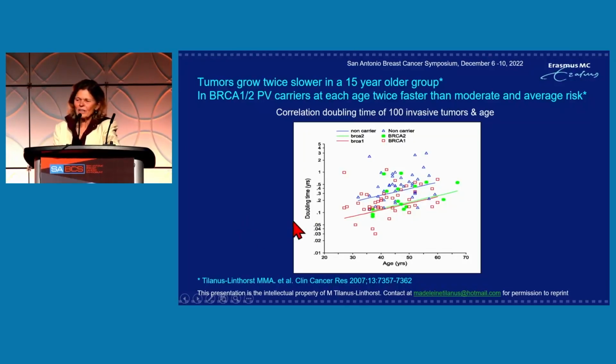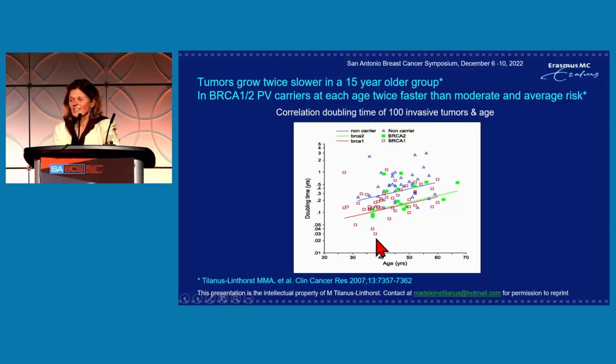And when we look at these growth rates, we can see higher up is a lower growth rate. Blue and red are the BRCA carriers. And on average, in a 15-year older age group, the tumor growth rate in the BRCA1/2 mutation carriers and the women with familial risk, the blue line, got in a 50-year older age group twice slower.